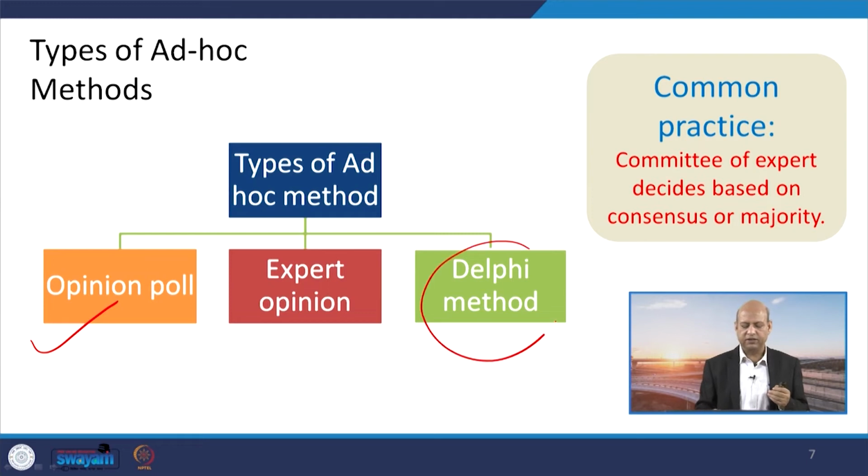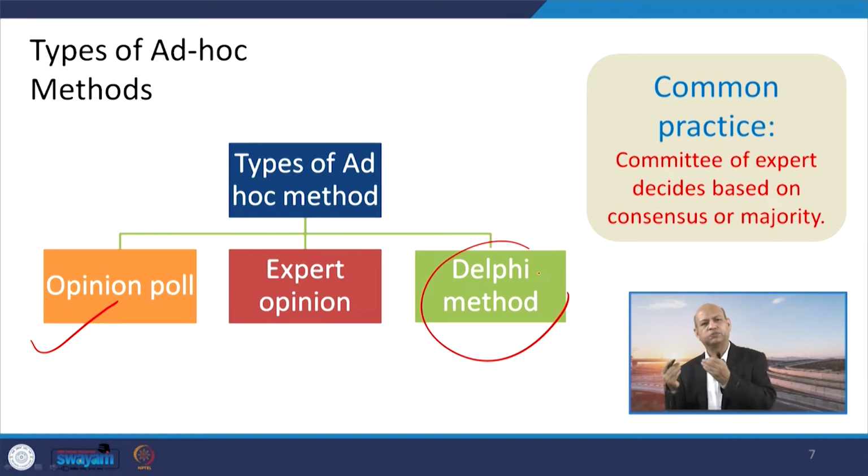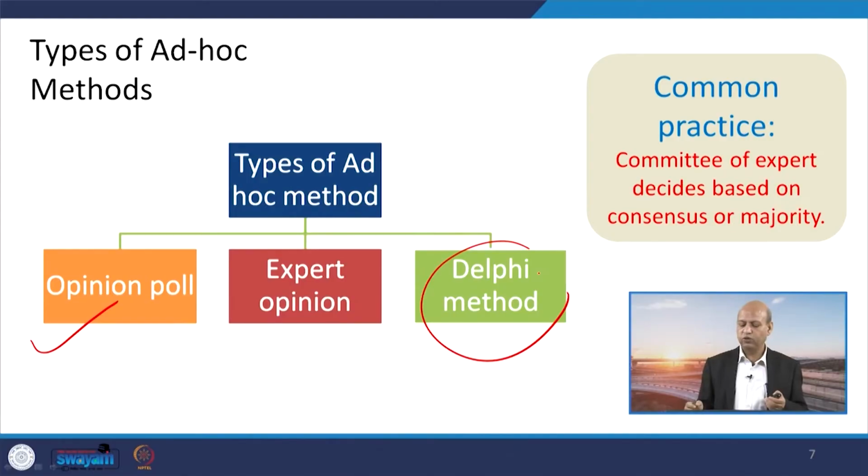Similarly the experts' opinion may be used, or the Delphi method, which is both: you discuss the experts' opinion with the public, then the public may revise their opinion, you give the public's feedback to the experts, and then the experts consider the opinion of the public and can revise their judgment or decision. So, the committee of experts decides based on consensus or majority opinion and also their own experience.